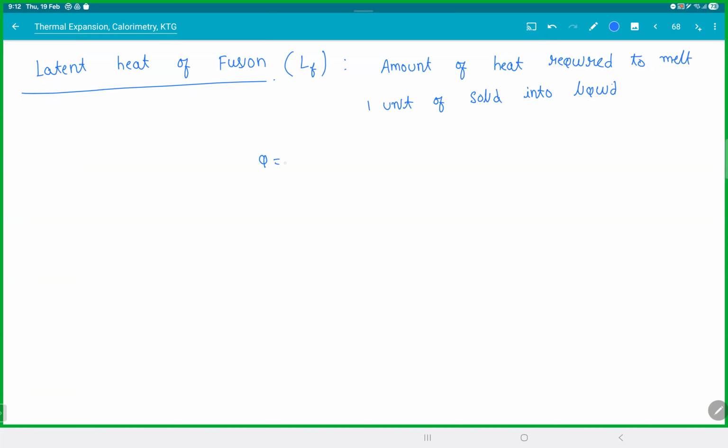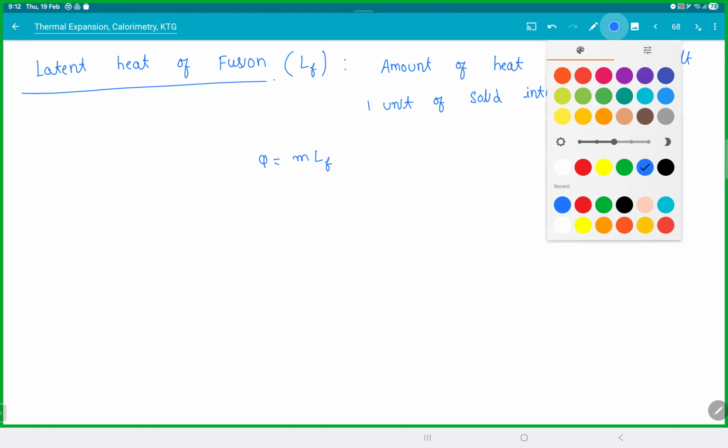So Q is equal to M into LF. So whenever you are converting solid to liquid, phase change basically, we use this formula. We don't use ms delta T.